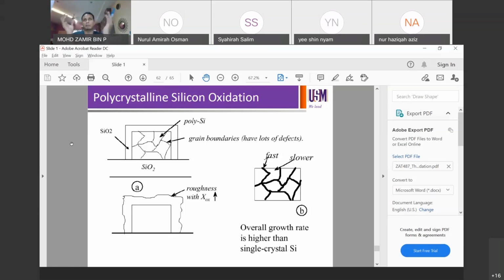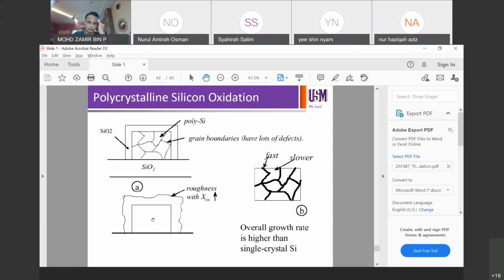So you cannot plan or know exactly what the growth rate difference is when you compare the oxide and your silicon. So that leads to the formation of roughness on your oxide, as shown at the bottom left here. This is your original silicon, just for illustration.